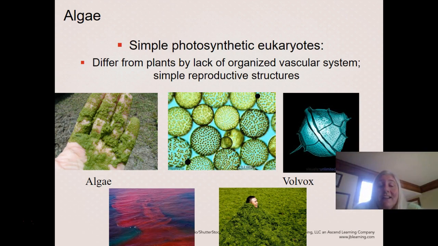And algae can be unicellular or multicellular. Some of the chemicals that algae give off can cause some different problems, but algae in a nutshell doesn't actually cause disease to humans at all.